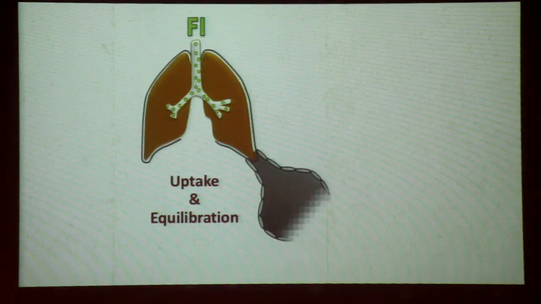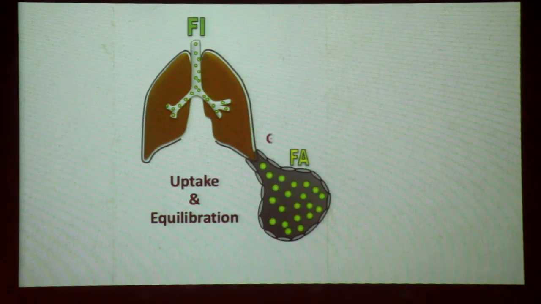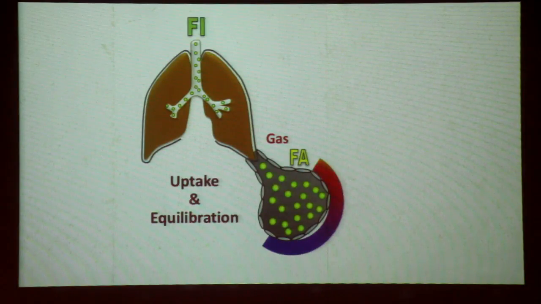You need a set concentration, a vaporizer to deliver it. You need alveolar ventilation to take the vapor into the alveolus. And from the alveolus, this vapor has to go across into the blood. That means the vapor is now going from a gaseous medium to a liquid medium.